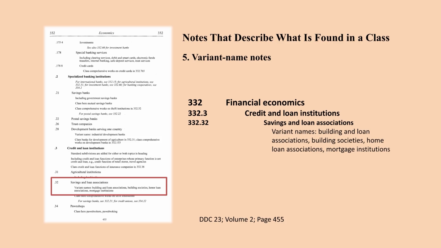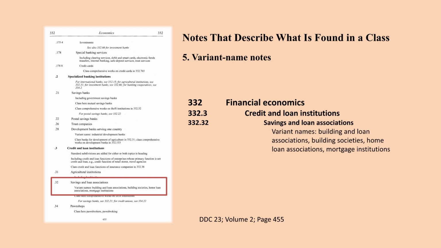Next part is variant name rules. Variant name means the different name that comes under a particular class or section. If you go to page number 455 of volume 2, we will get 332.32, that is savings and loan association.